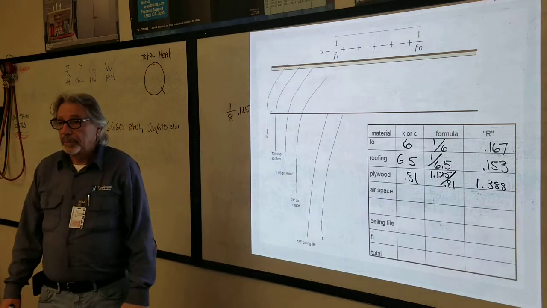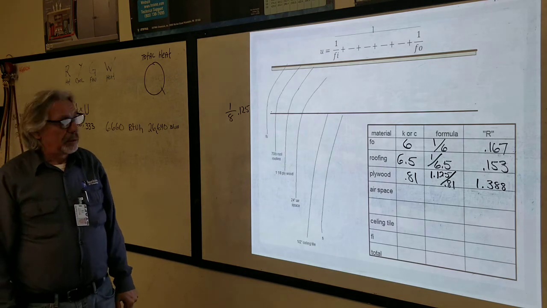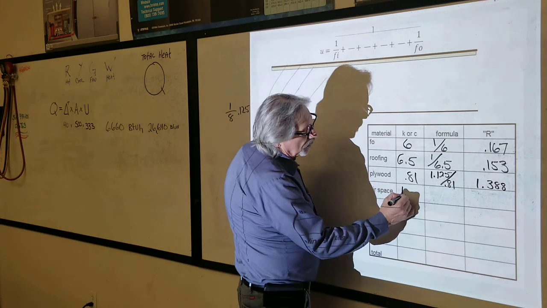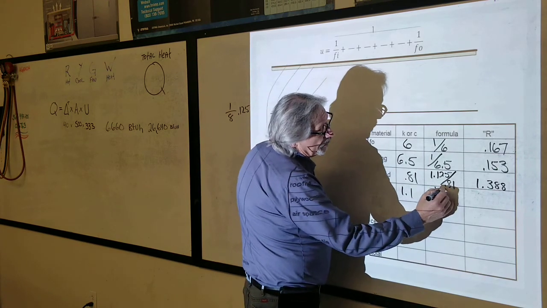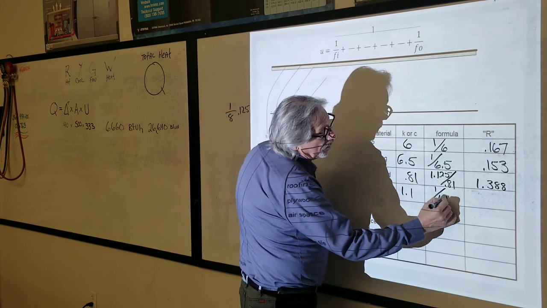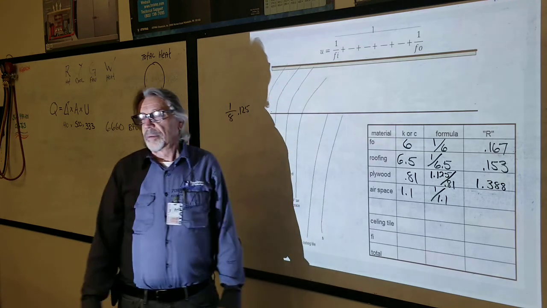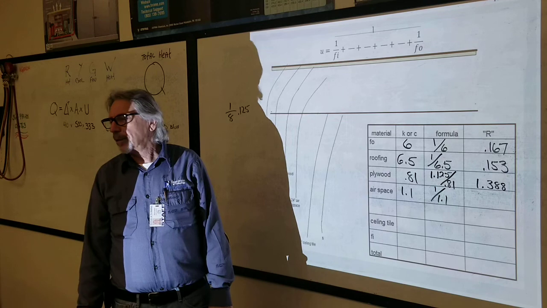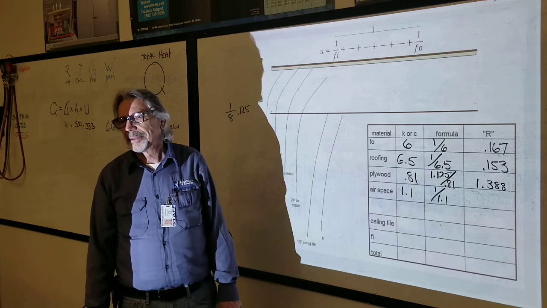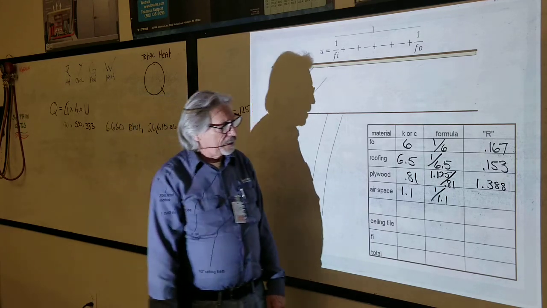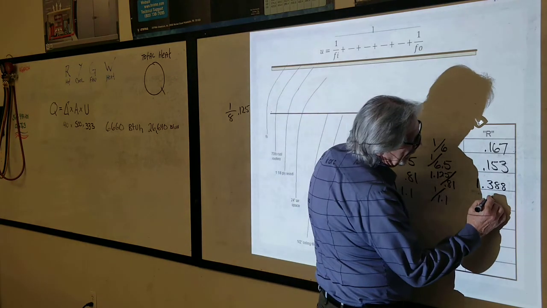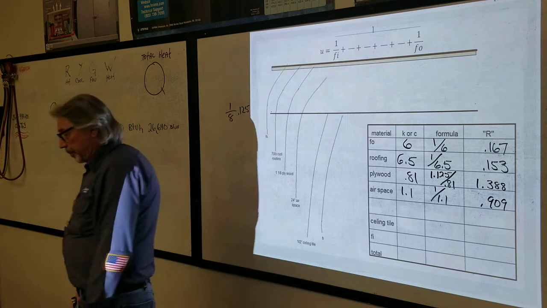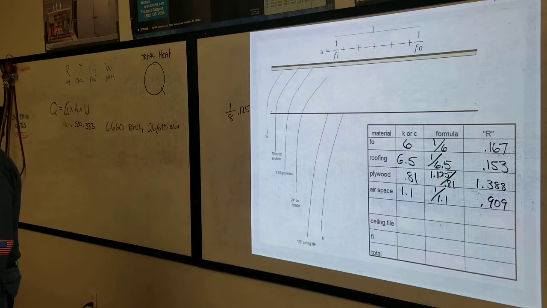That'd be 1.1 for the K, and it's a reciprocal, 0.909.